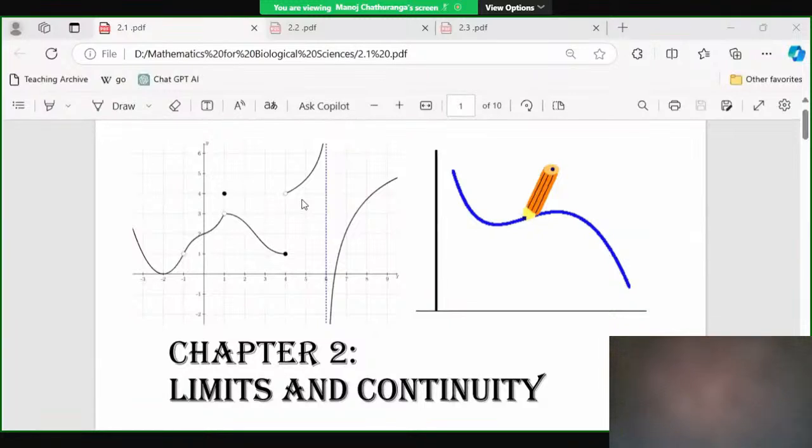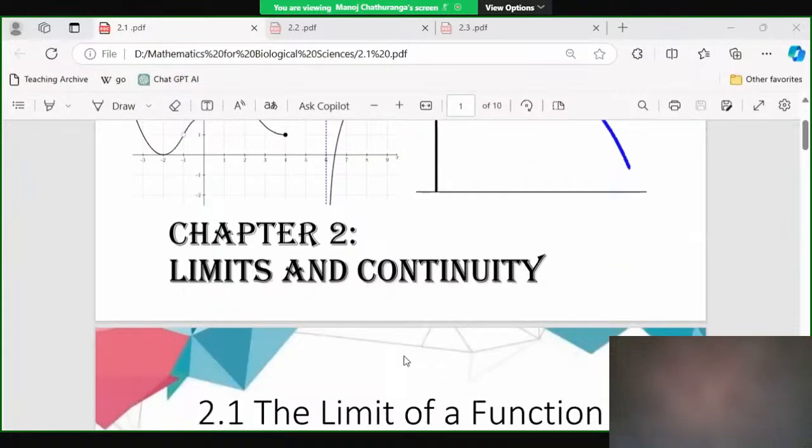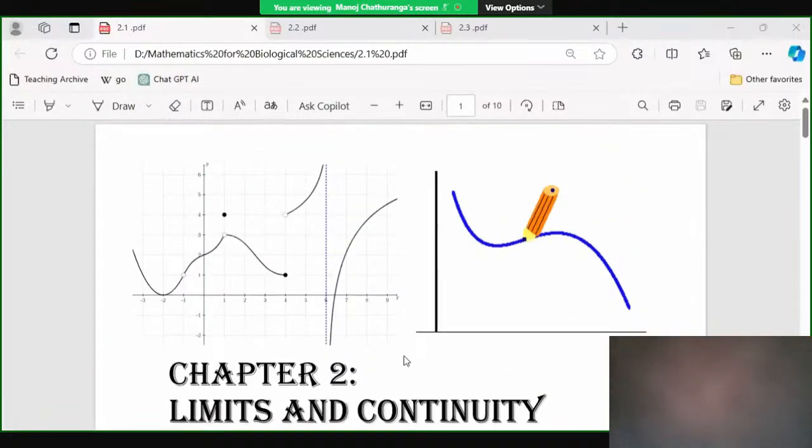So this kind of behavior appears in the graphs. So you might ask for an example. The best I can give you is to think about the word piecewise linear. So there can be gaps, I'll show you some examples. So limit and continuity is about the behaviors of functions when there is a gap or a breaking point of the graph.